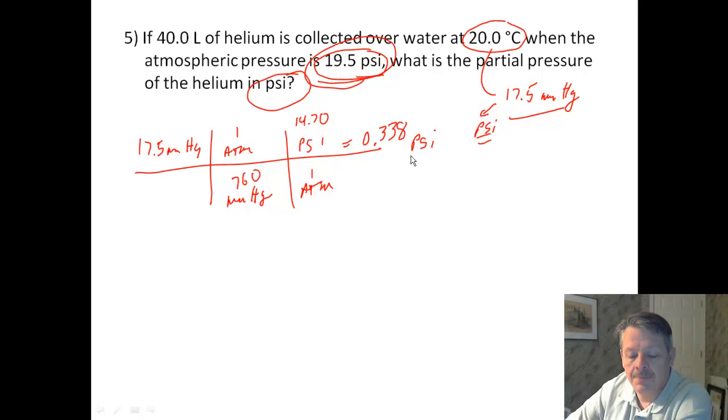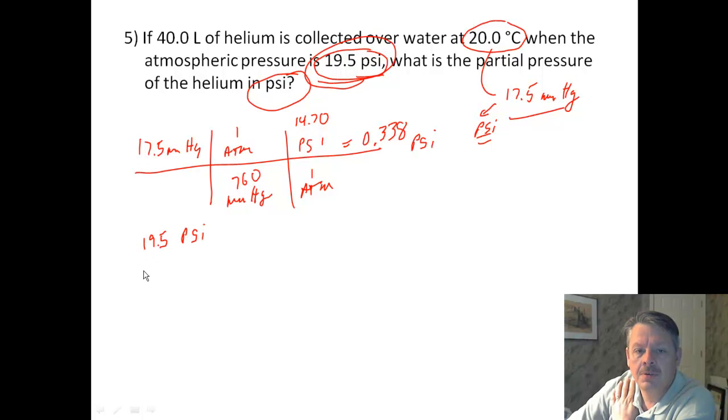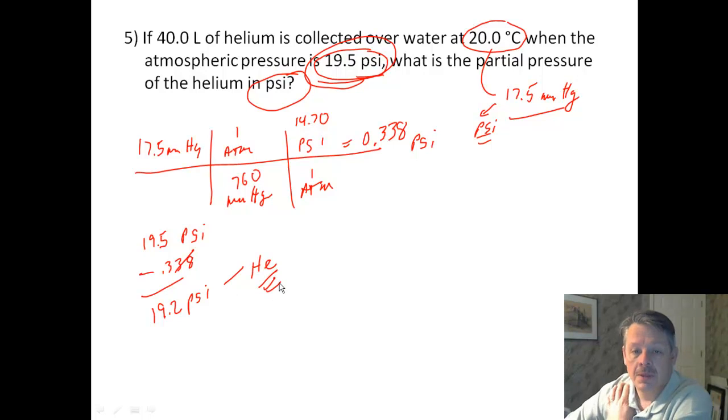So now I'm starting at 19.5 psi, and I'm subtracting 0.338, which is going to end up being 0.3. So I get 19.2 psi is my helium. And the rest of it, the 0.3, is going to be the water.